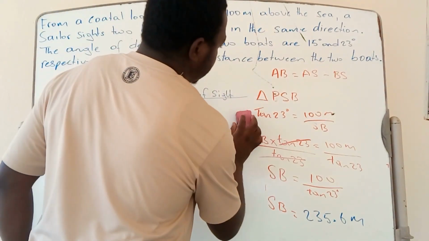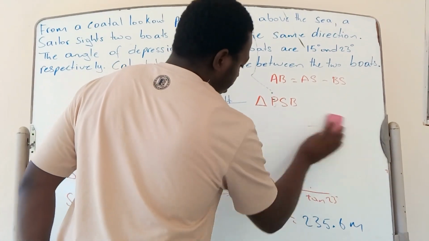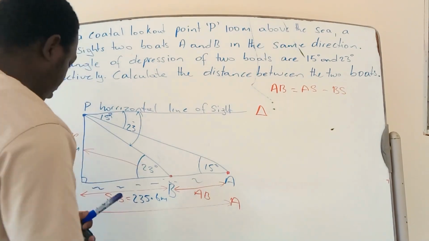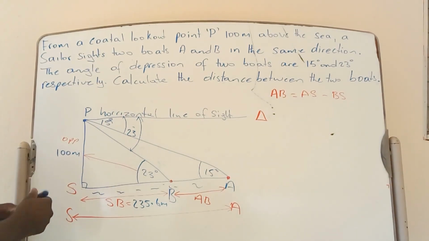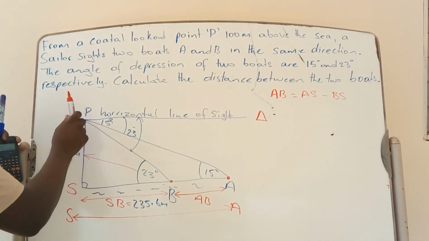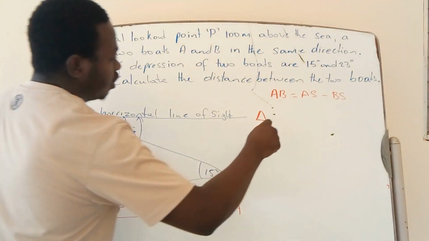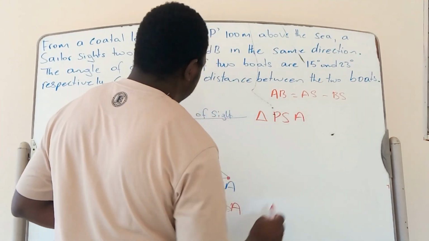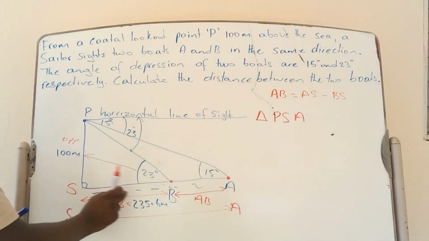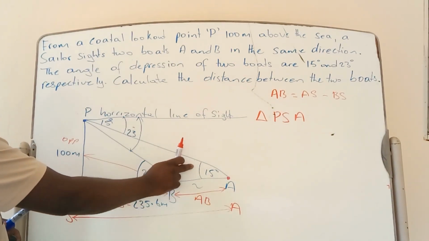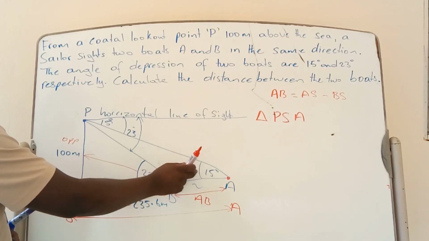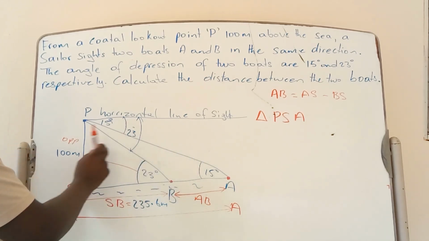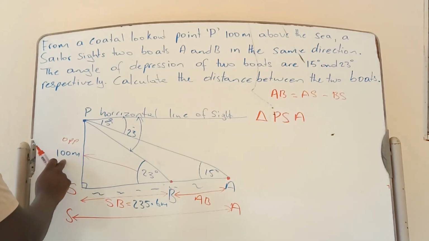Now we're going to calculate the value of AS. But when we are calculating the value of AS, we have to take into consideration the triangle PSA. If we are focusing on PSA, there's only one angle in PSA, which is this 15 degrees here that we know, and that is opposite to this side here, which is 100.